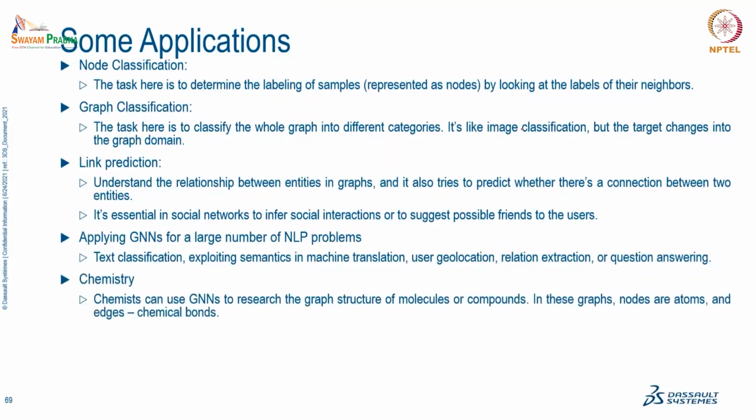In chemistry, as I was mentioning about molecules like harmful molecules or medicinal molecules, GNNs can be used to identify a compound or protein structure.